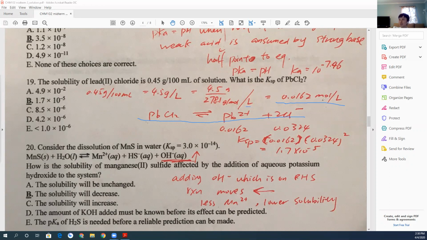After I did this, the unit will be in moles per liter. So this will be the amount of lead generated. For the chloride generated, it will be twice that, because the coefficient is 2, so I multiply that by 2. So the Ksp will be the lead concentration times the square of the chloride concentration. Remember the square. So the answer should be B.